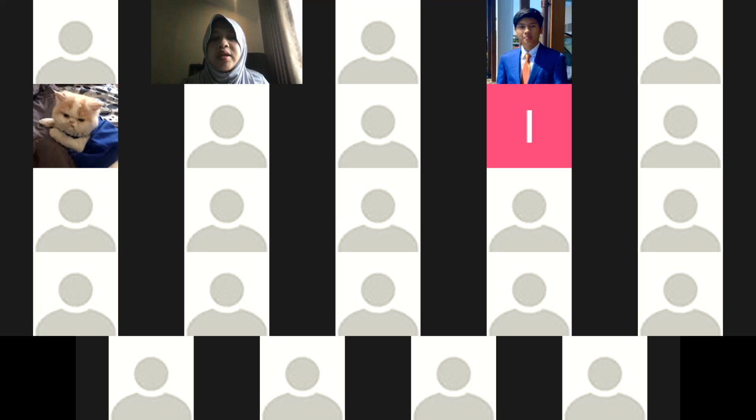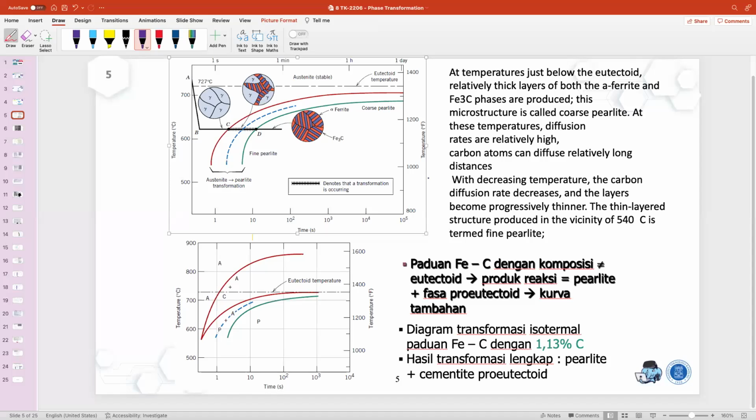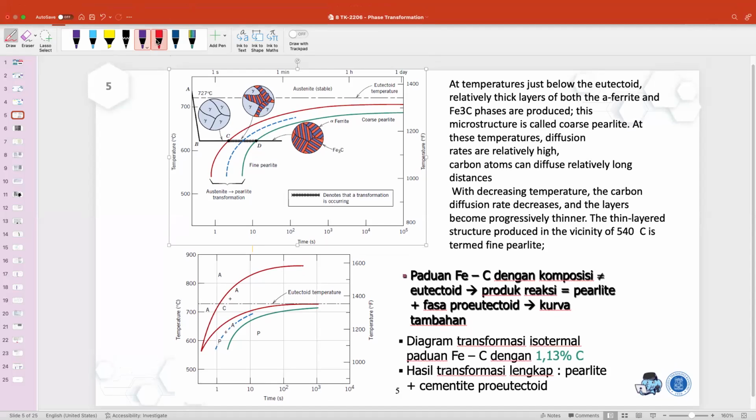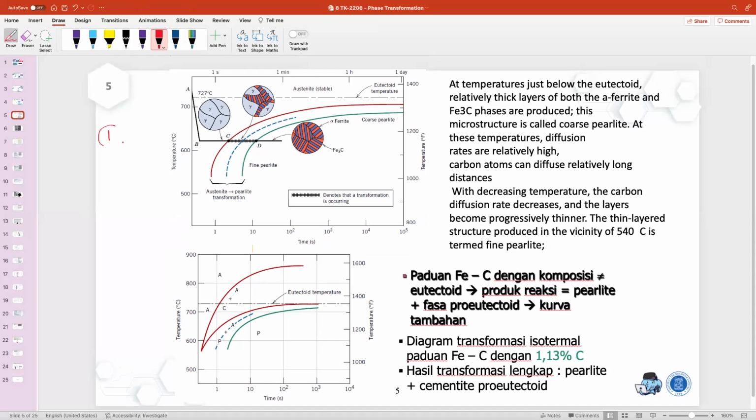Any question about this? So now we have learned two microstructures from the phase transformation: the first one is coarse perlite, and the second one is fine perlite.